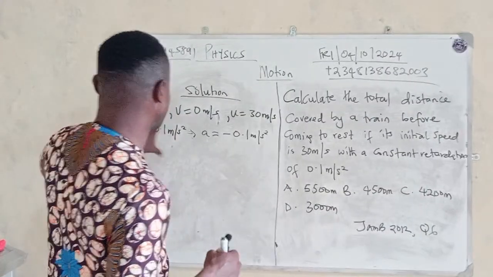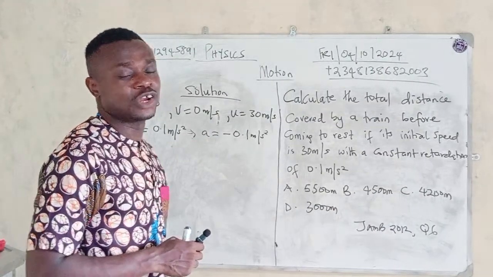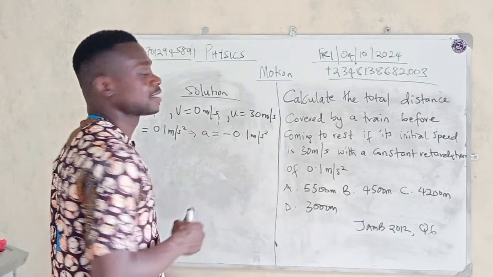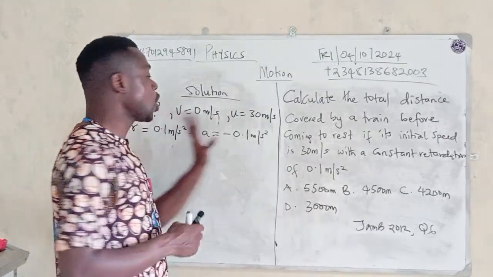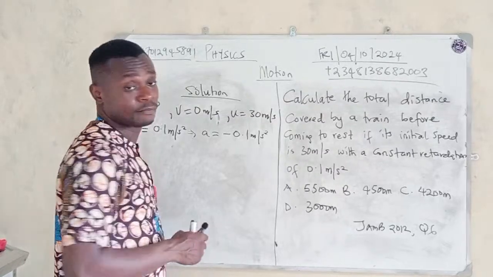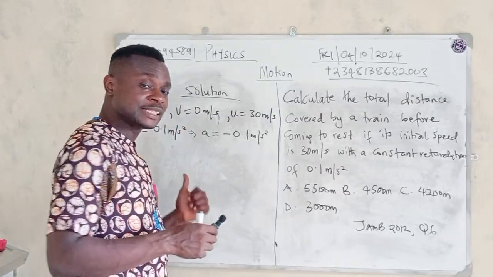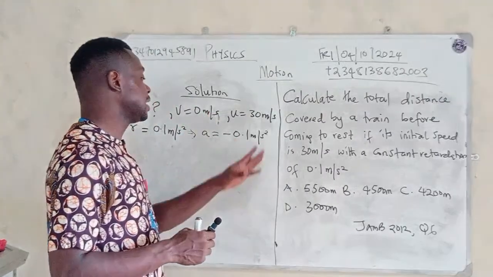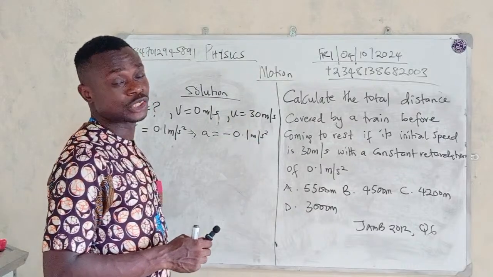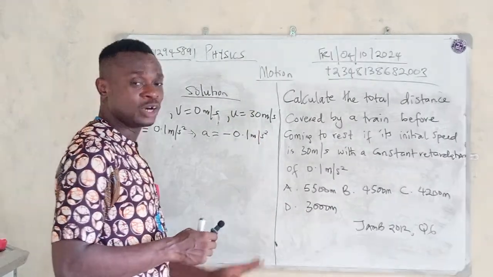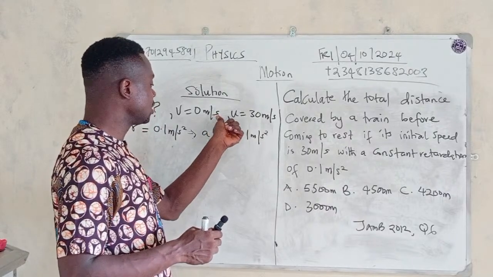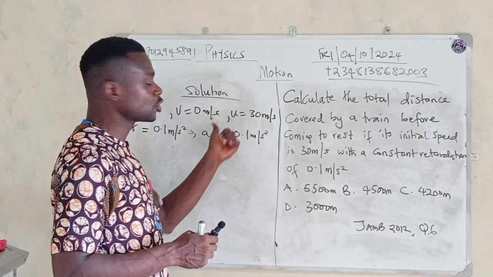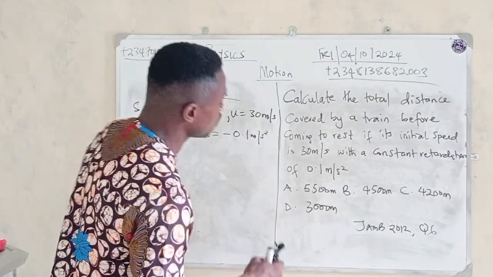Now let's look at the parameters here and look for the equation of motion that contains all these parameters. In our previous classes on motion, I listed all the equations of motion, so I will not list them again. Let us go back to that previous lecture, where all the equations of motion are listed.